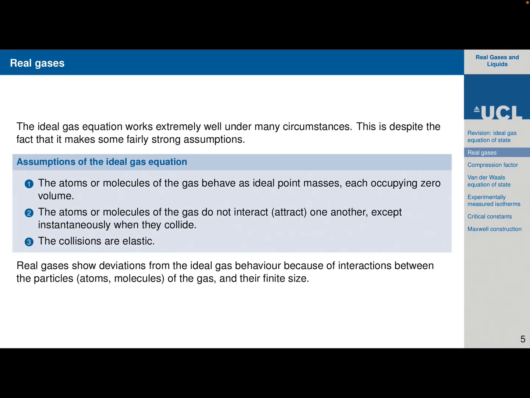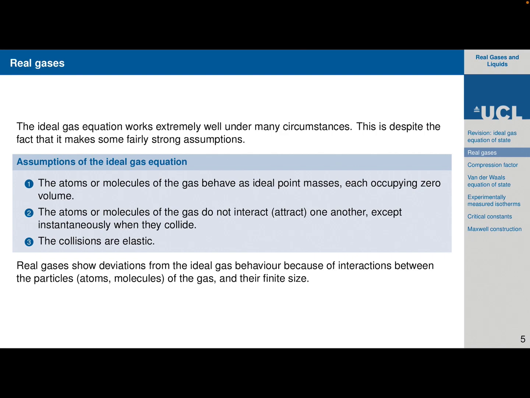Okay, so the reason that the ideal gas equation is not working well under all conditions is because of the assumptions that we make in deriving the ideal gas equation. So if you remember, these were the assumptions that we made.